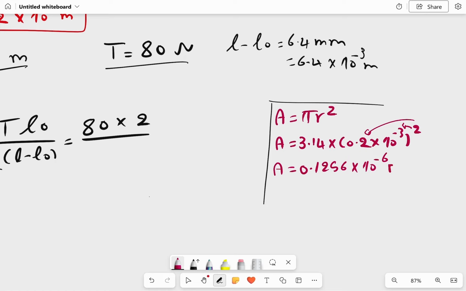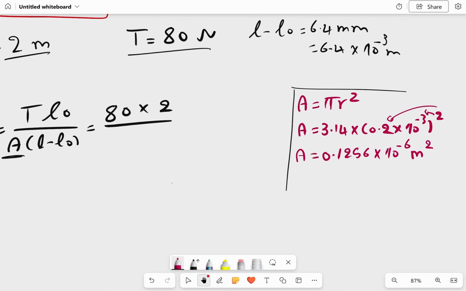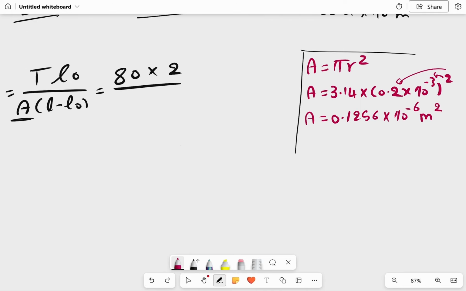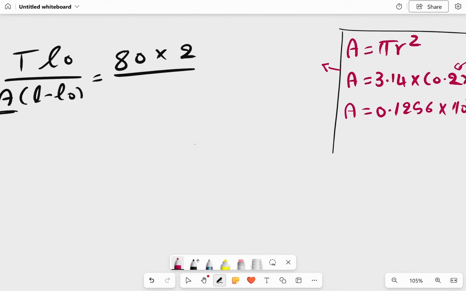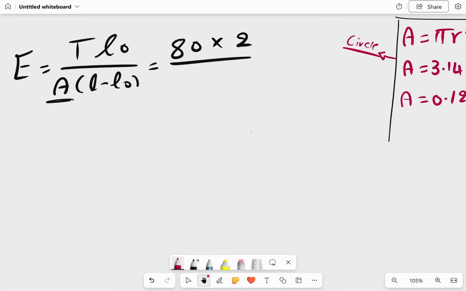What's the unit? Meter squared. If you get 10 to the power of minus 7, it's okay. The final result is important, it doesn't matter how you get it. Careful, this is the area of a circle, not a rectangle.